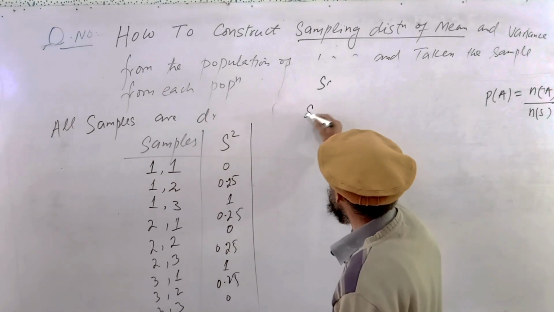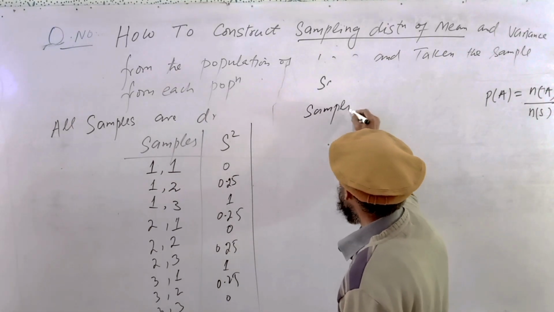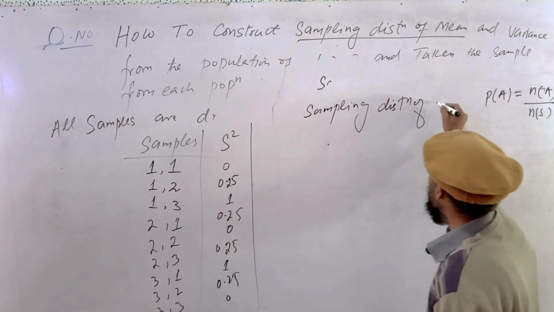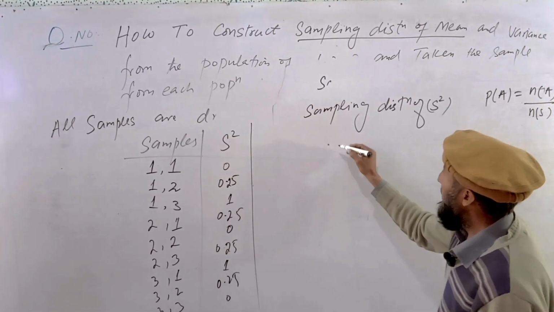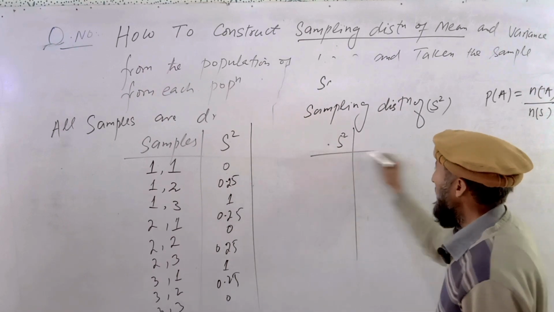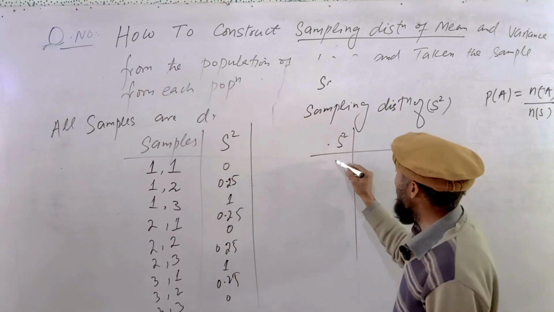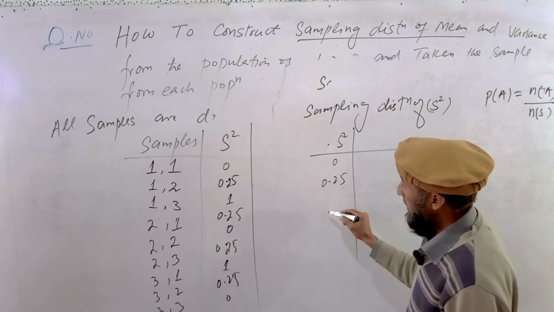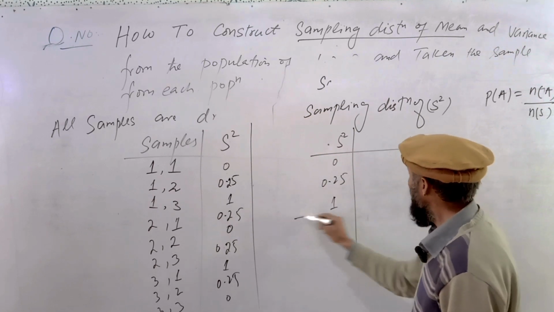So the sampling distribution of S square: the values of S square are 0, 0.5, and 2.